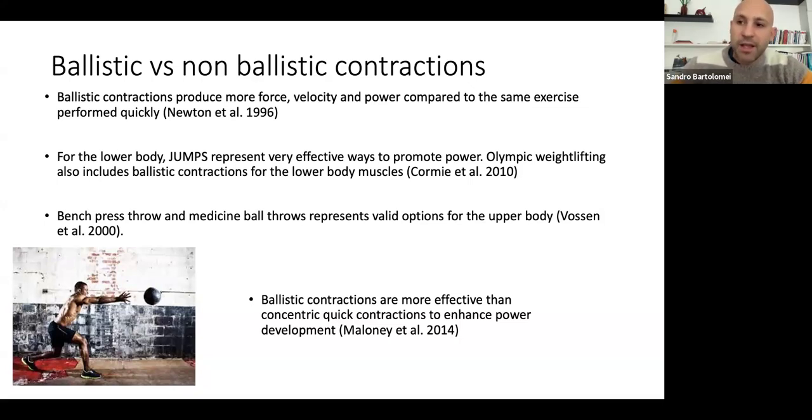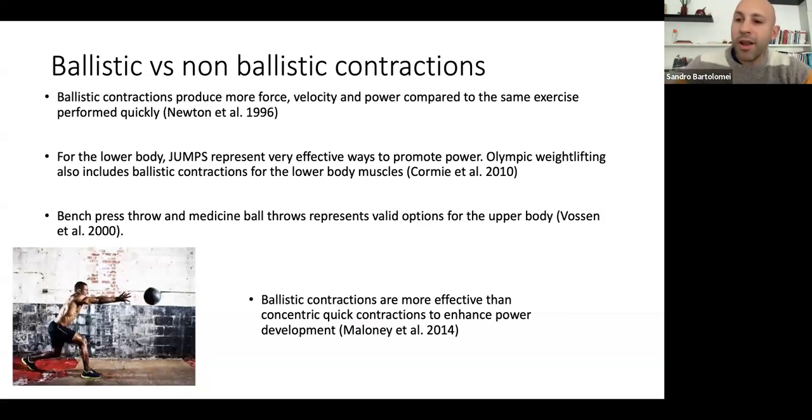That's the reason why, especially at low loads, it's very important to throw the object. If you want to increase your power during the bench press, it's important to include bench press throws instead of just high power bench, especially when you use loads like 30, 40, 50% of 1 RM.